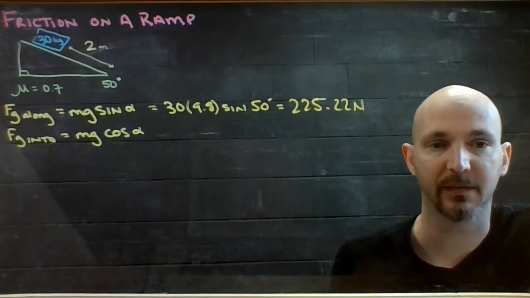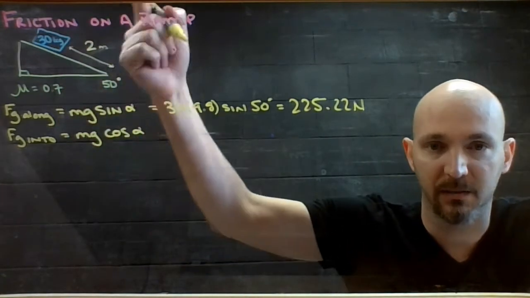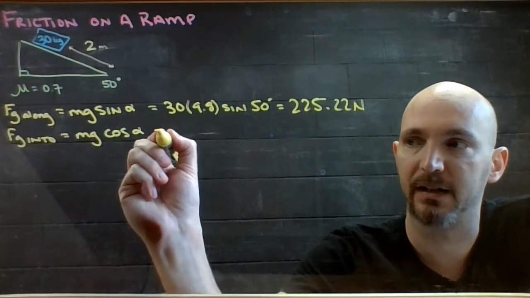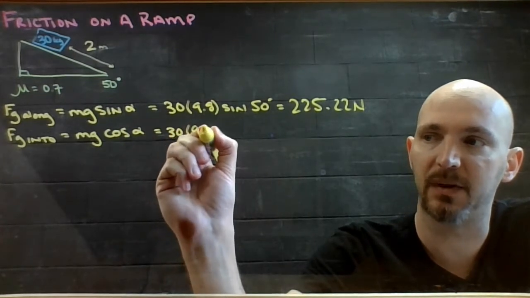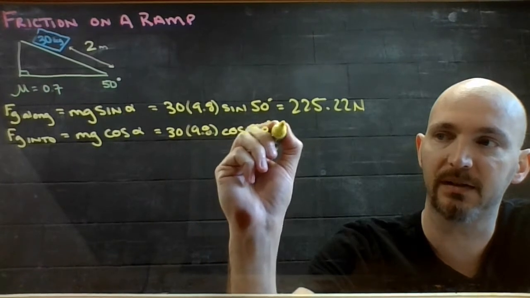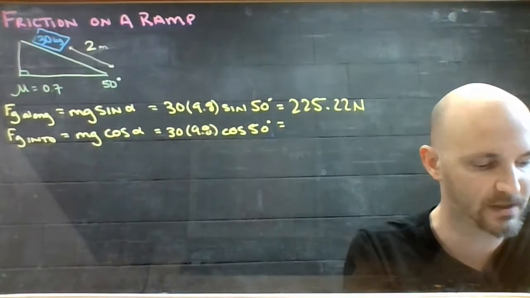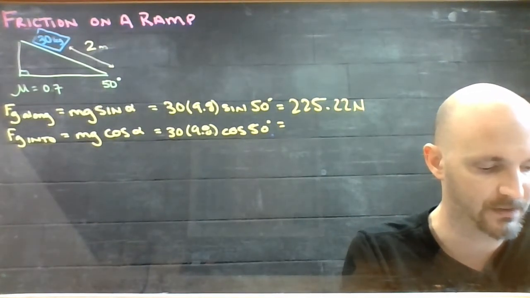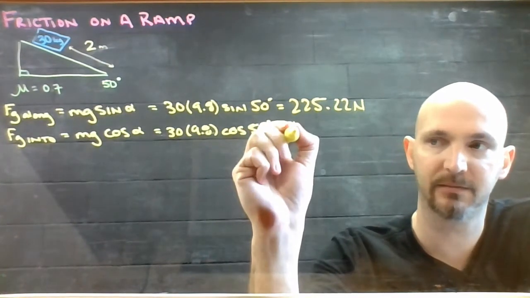newtons. All right. I will have a normal force pushing the block up, and it will be balanced precisely by this thing. So I can get that by throwing my numbers in there. 30 times 9.8 times cosine of 50 degrees. 50 cosine times 9.8 times 30 gives you 188.98.